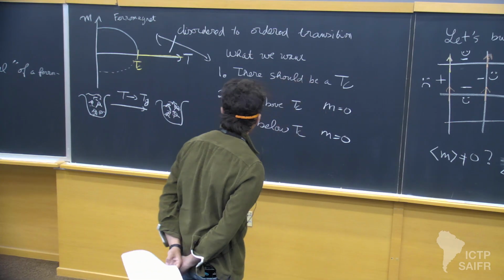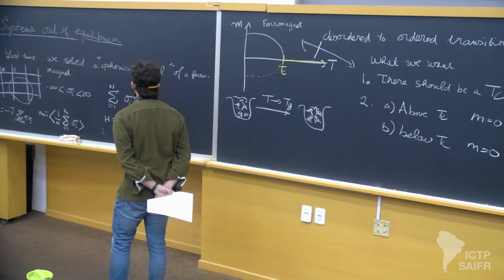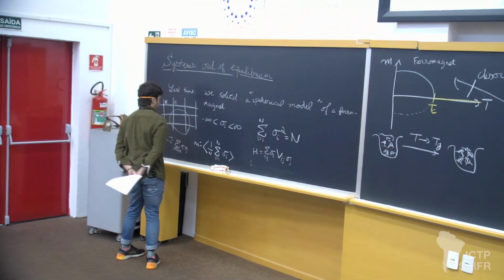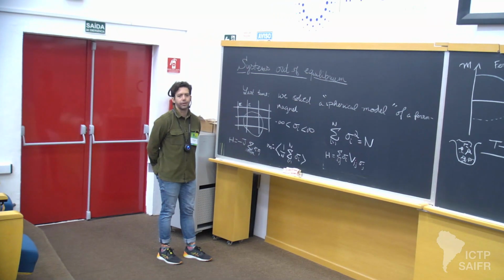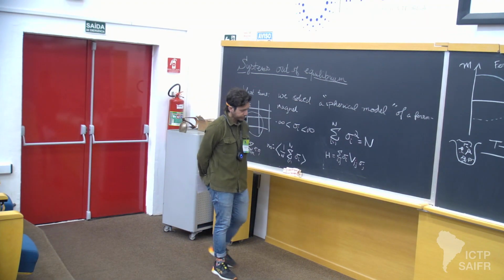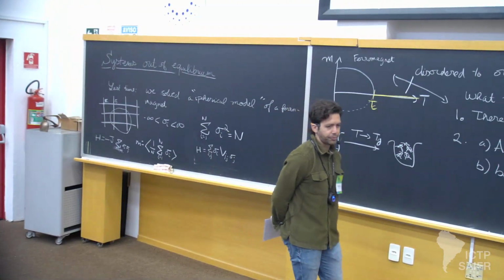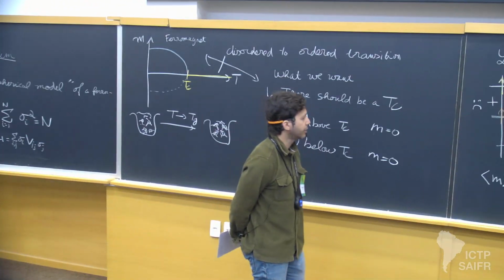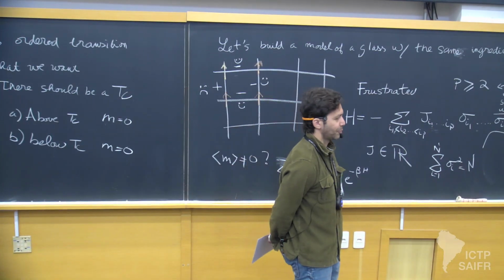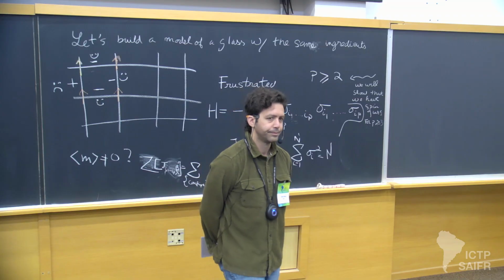Well, like I mentioned before, our understanding of critical temperature and phase transitions has to do with the fact that you have a diverging susceptibility or correlation length. And that tells you that the theory of the phase transition should be a conformal theory or scale invariant theory. Here, we're not going to see this kind of divergence, so it makes it a little bit less clear what the theory of the transition is.